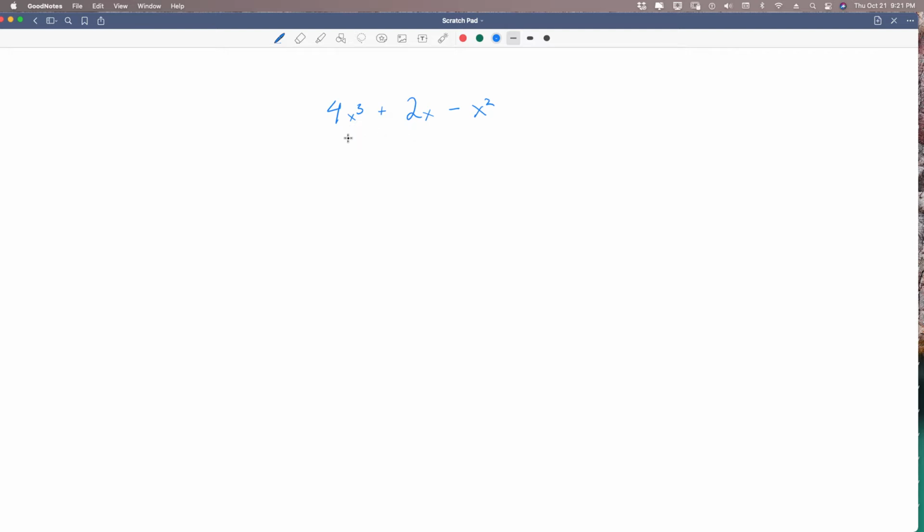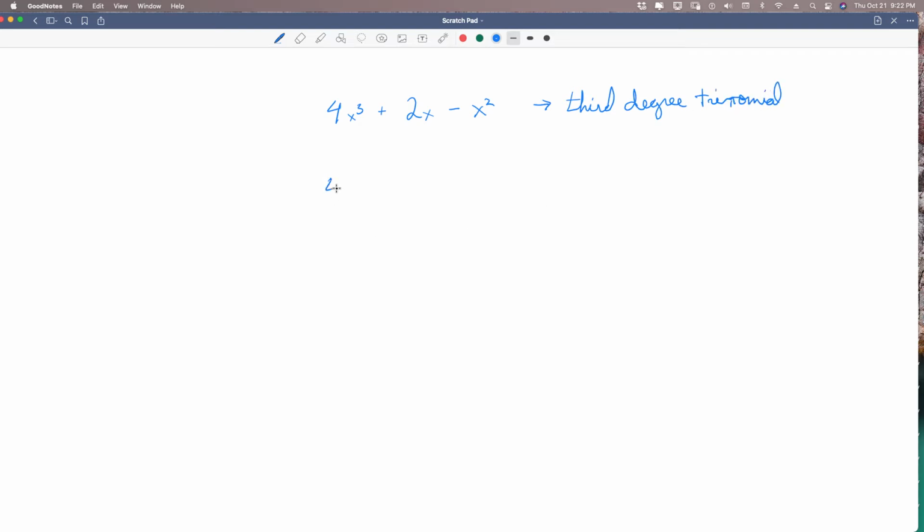And in this case, the highest exponent is a 3. So this trinomial could be said to have the third degree. We have a third degree trinomial is what this is.